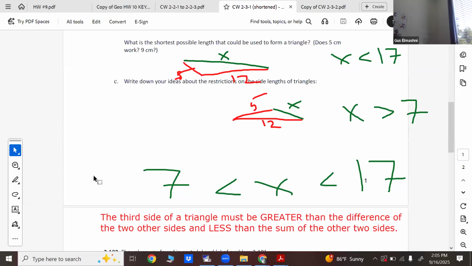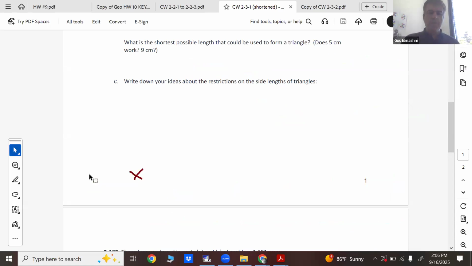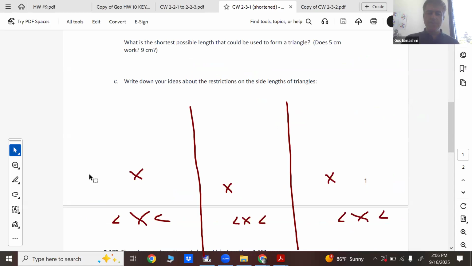I kind of said it. Please update that in your notes. The third side of a triangle is greater than the positive difference of those two sides and less than the sum. So I just forgot to do that. And then let me go back to the rest of the notes.